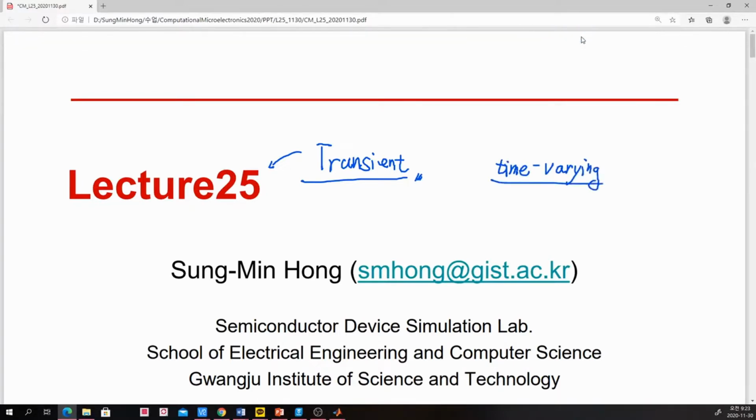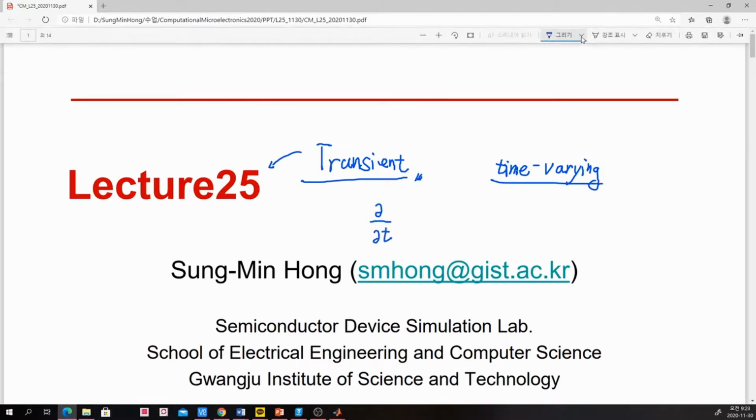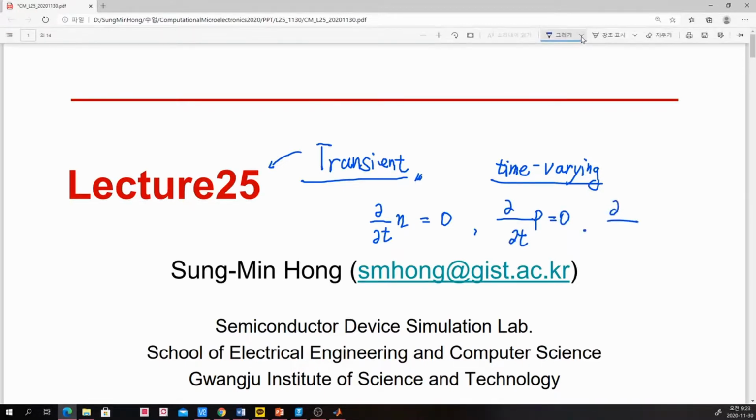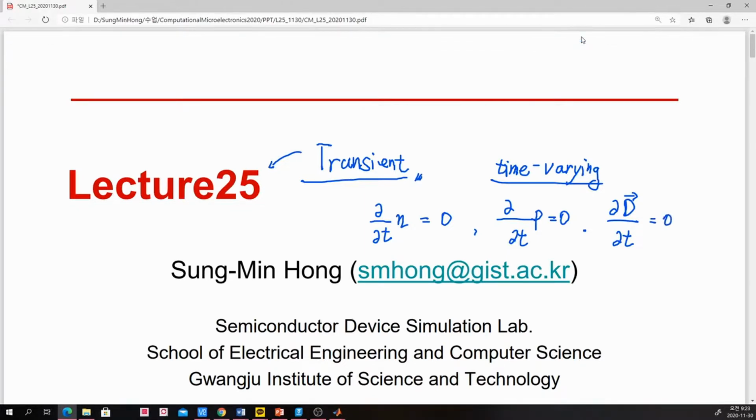Up to now, we have thought that every quantity, for example, the time derivative of electron density is identically 0. Also, the time derivative of hole density is identically 0. Also, the time derivative of displacement vector is also 0. What was our justification? What was our argument to say so?